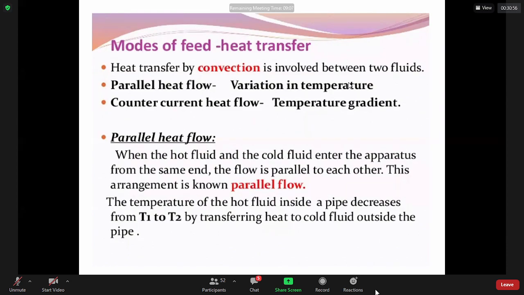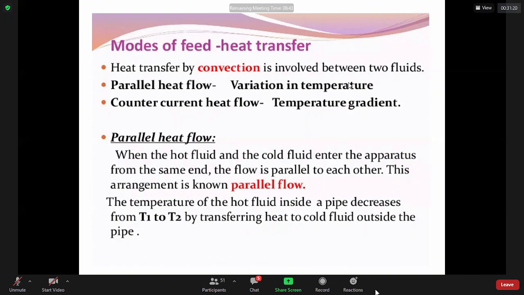So the modes of heat transfer will give us the types of exchangers we have to use. We have parallel heat flow, we have counter current heat flow. The variation in temperatures and temperature gradients is well explained in these notes. But let's look at parallel heat flow.